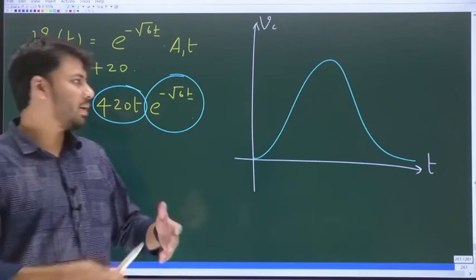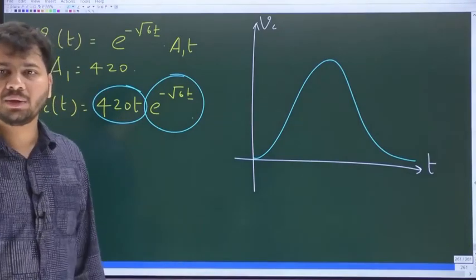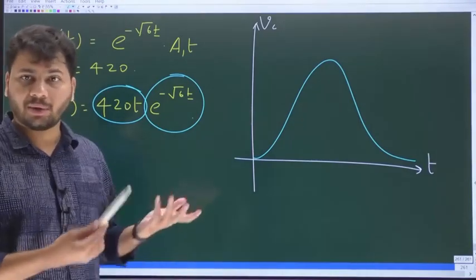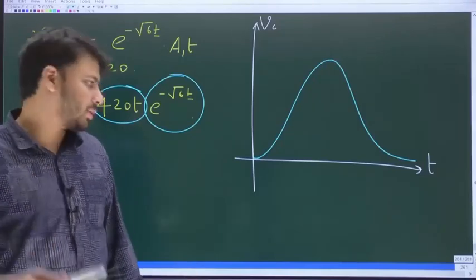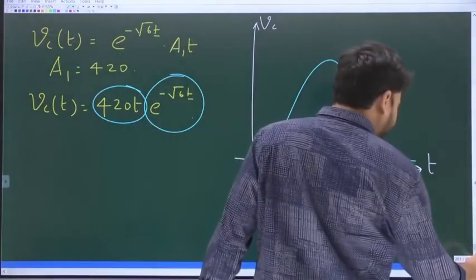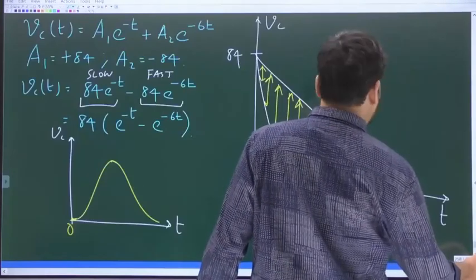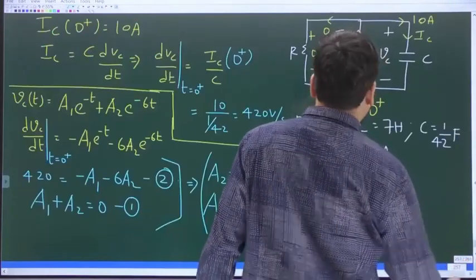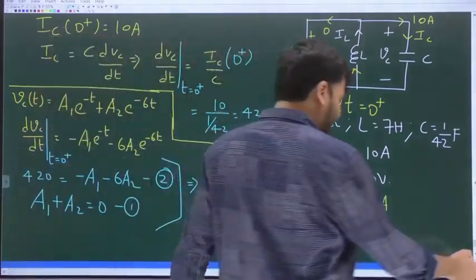In terms of the shape of the response, is it not the same as the overdamped case? In the previous overdamped circuit, the value of R was 6 ohms.